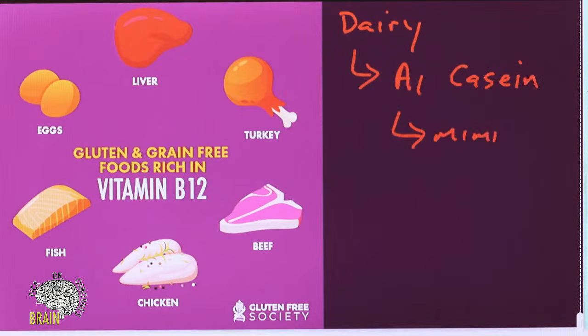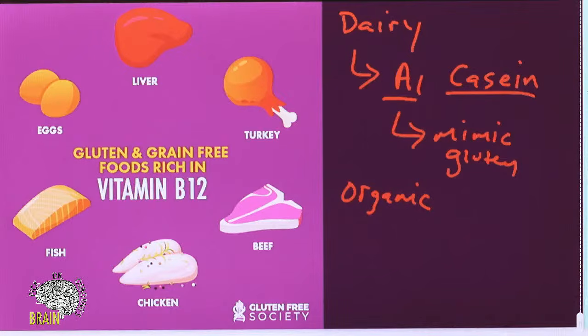So a lot of dairy products can create gluten-like problems. If you're getting A2 casein or A2 milk, the biggest thing to watch out for is to make sure it's organic and hormone-free.